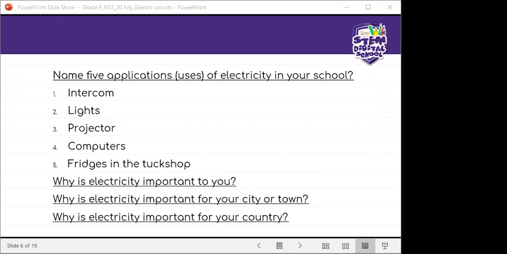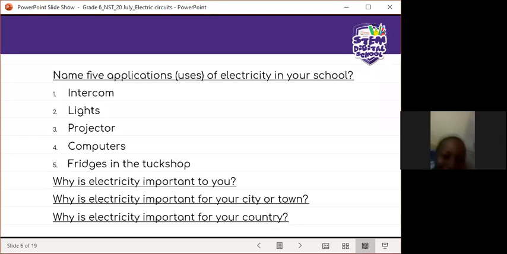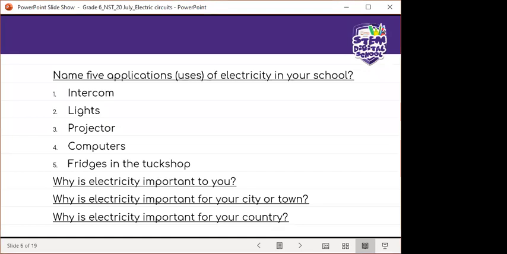Beautiful. Okay, so Nduva says that electricity also helps us to be aware of our surroundings, especially at night. I believe that electricity is very, very much needed. So guys, from this activity and this discussion, we have noted that electricity is very important to us and we are very dependent on electricity nowadays.